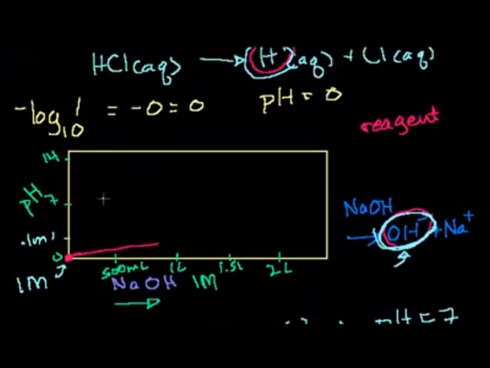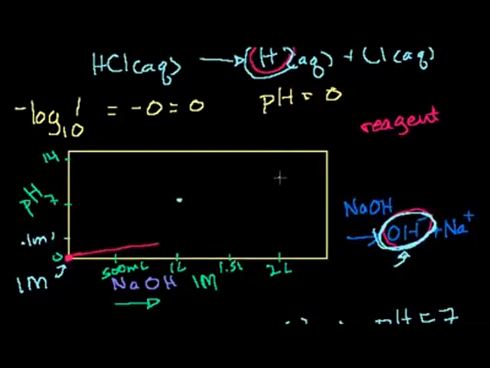So there's some point where your hydroxide concentration is equal to your hydrogen concentration, and your pH is going to be 7. And then above that, you're just adding more and more hydroxide. The hydroxide concentration is overwhelming your hydrogen concentration, and so you're going to get really, really basic. And since this is a strong base, you're eventually going to get to a pH of 14, because, well, you're not going to have 1 molar.